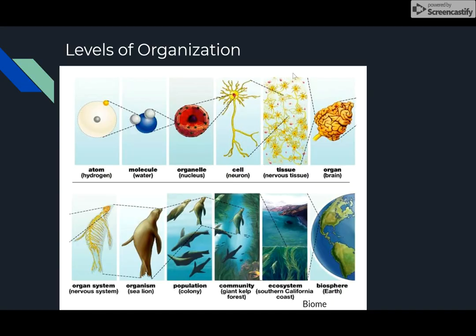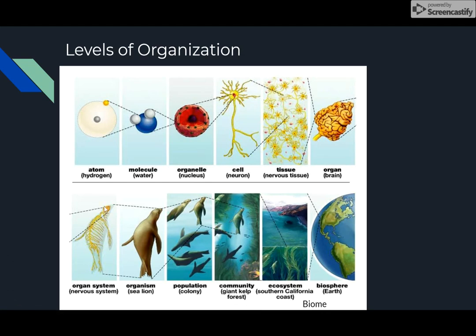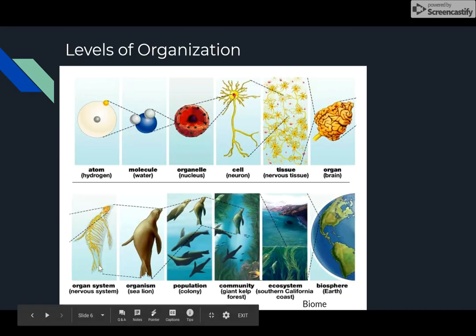Cells can link together to form tissues, and those tissues can link together to form an organ. And at each level, they can do a new function that before they could not do. And if you put organs together, they can form an organ system. Like here we have the nervous system, which is made up of the brain, and we also have nerve endings in the rest of the body.